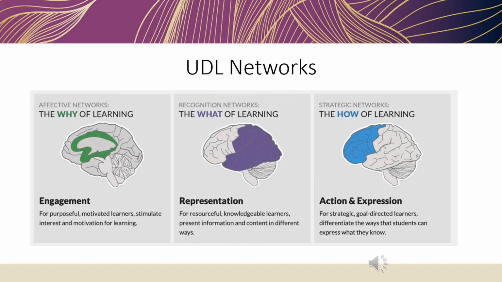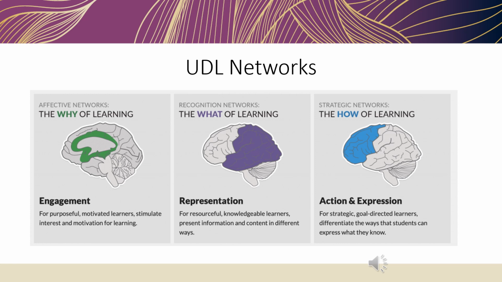Neuroscientific research taught us that there are 3 main networks in learning. There's the affective network, or the why of learning. This has to do with engagement. For purposeful, motivated learners, make sure that you stimulate interest and motivation for learning. The second network is the recognition network, or the what of learning.